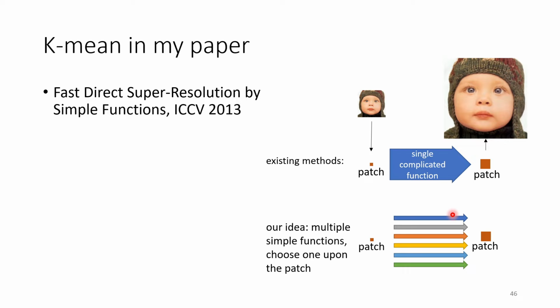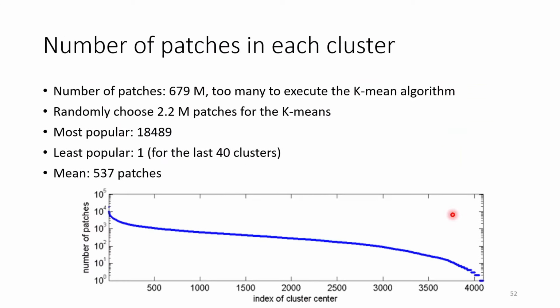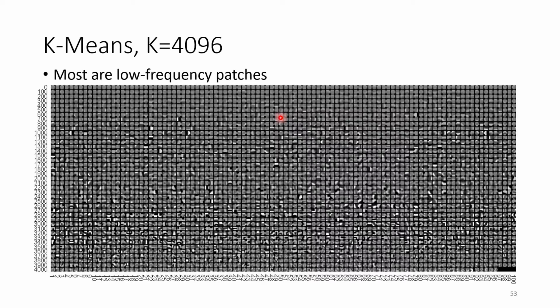This is the k. But 600 million is too large for my PC, so I randomly choose only 2.2 million patches and run the k-means clustering. When I set k as 4,096, this is the result.